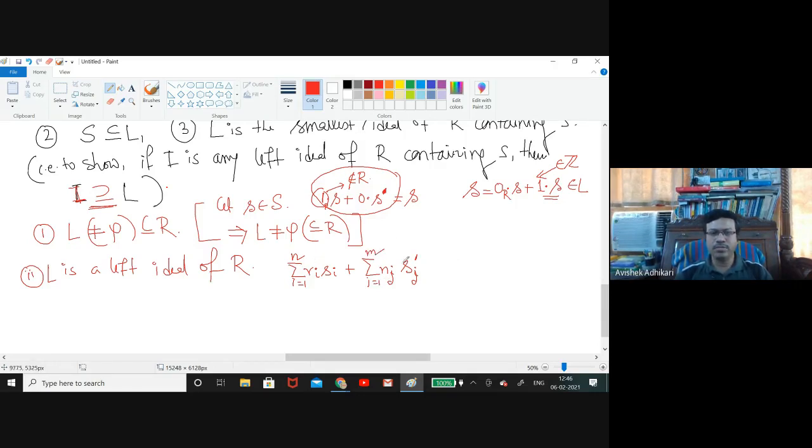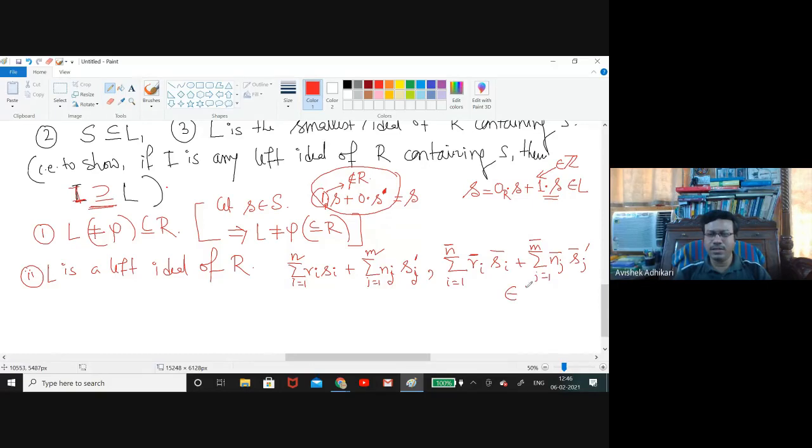So this is one element, and another element we can take as the summation of r_i bar s_i bar, i equal to 1 to n bar, plus the summation of n_j bar s_j bar dash, j equal to 1 to m bar. It really looks like a caterpillar expression.